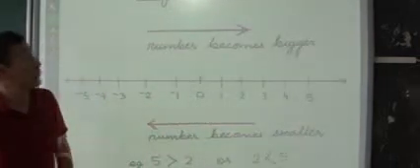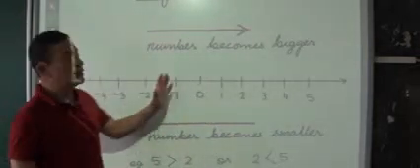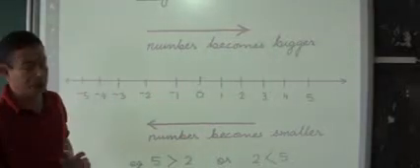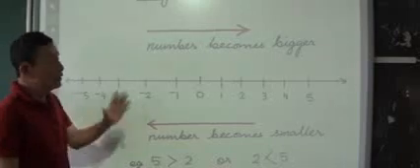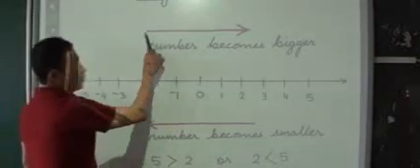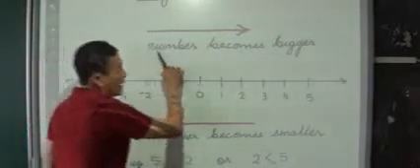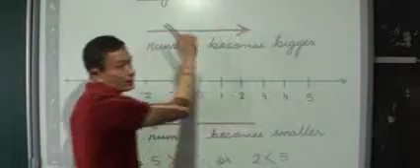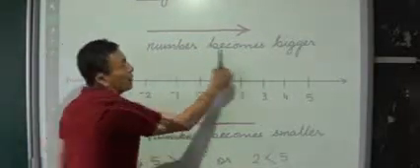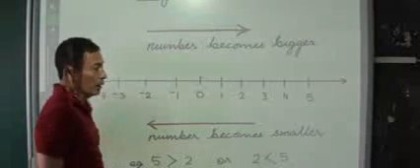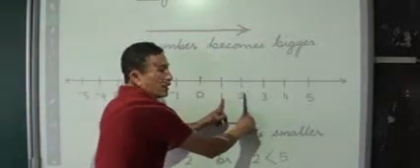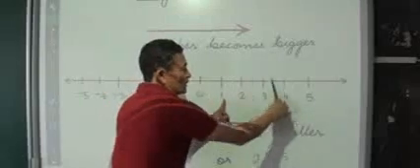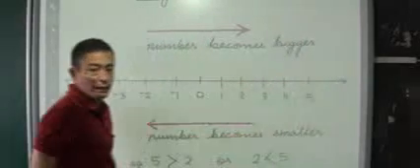Moving on. Some of the important things to remember in integers. When I look at this number line, what is important for us is, as I've shown with an arrow here, as we move towards the right, the numbers become bigger and bigger. So moving, let's say, from 1 to 2, we are moving to the right. As we move on, the number becomes bigger and bigger.